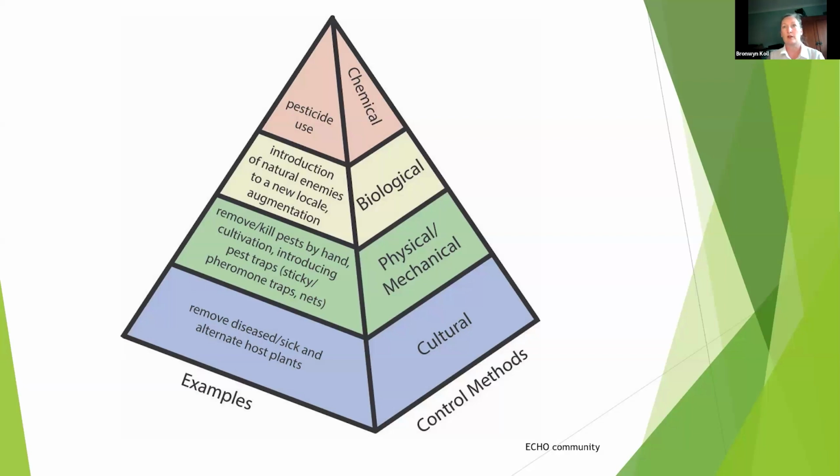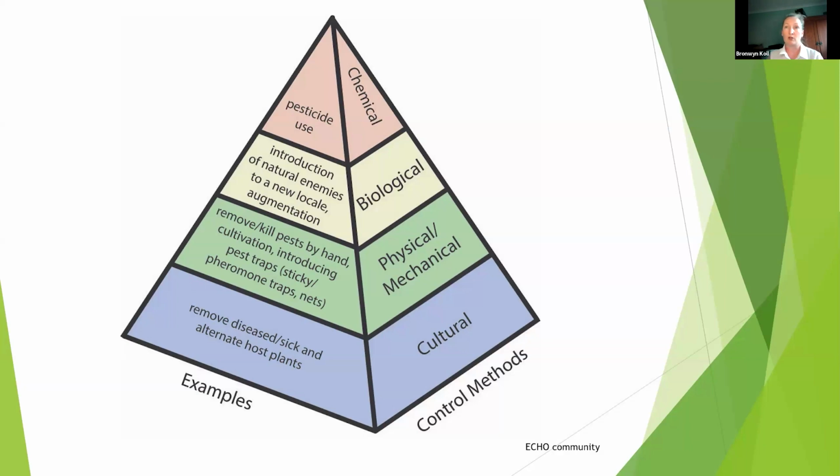So when we talk about IPM, I want you to just focus on the cultural methods at the bottom. So we're looking at cultural methods like removing a plant or things that we actually have to get in there and change the whole system. We concentrate on physical and mechanical methods. So this could be picking the fruit off of the tree.